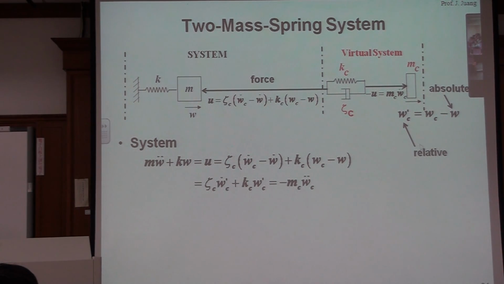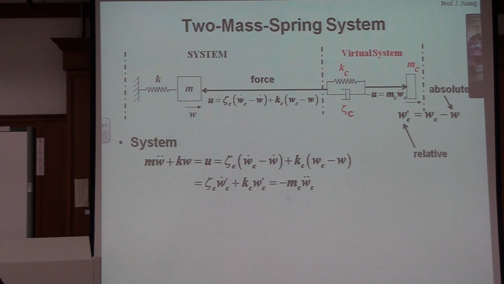So here, if I use absolute, then my equation of motion will be m w double dot plus k w equal to u, equal to zc wc dot minus w dot plus kc wc minus w. But if you use relative, m wc double dot prime plus zc wc dot prime plus kc wc prime, that's a relative displacement.